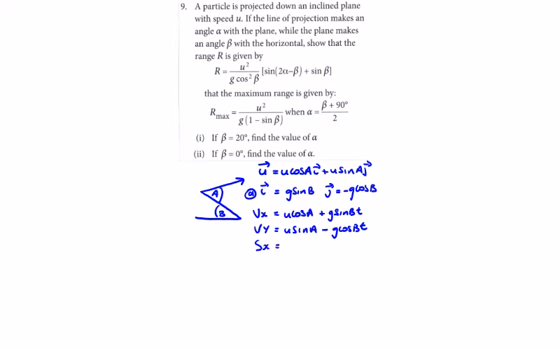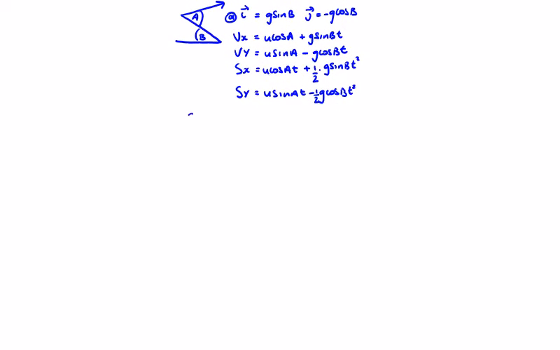Displacement in the x direction: u cos alpha times t plus a half a t squared, so plus half g sin beta times t squared. And the displacement in the y direction: u sin alpha times t minus g cos beta times t squared, with the half in front, or the 2 on the bottom. We're asked to show that the range is given by something, so let's find the range when s of y is equal to 0.